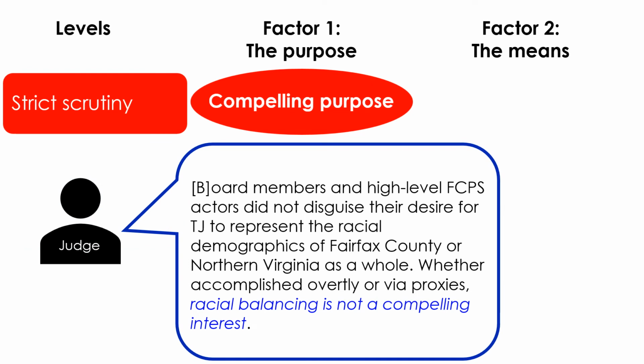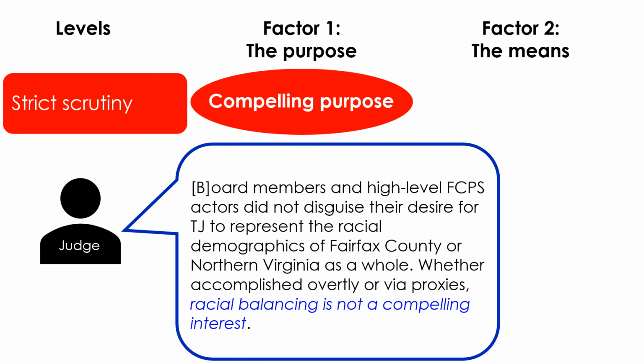A district judge applied strict scrutiny to decide whether this policy was constitutional or not. The first factor is the purpose of the new admission policy. The judge wrote, board members and high-level Fairfax County Public Schools actors did not disguise their desire for TJ to represent the racial demographics of Fairfax County or Northern Virginia as a whole.